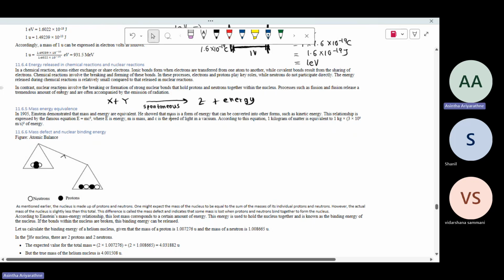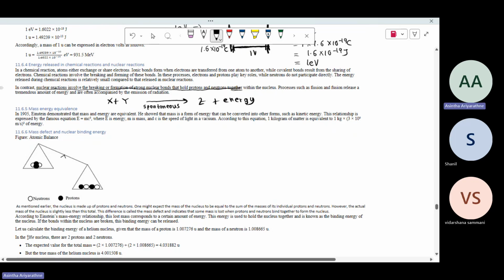Nuclear reactions involve the breaking or forming of nuclear bonds that hold protons and neutrons together.